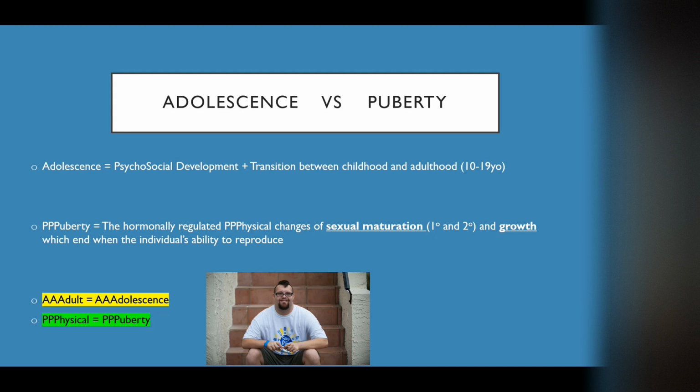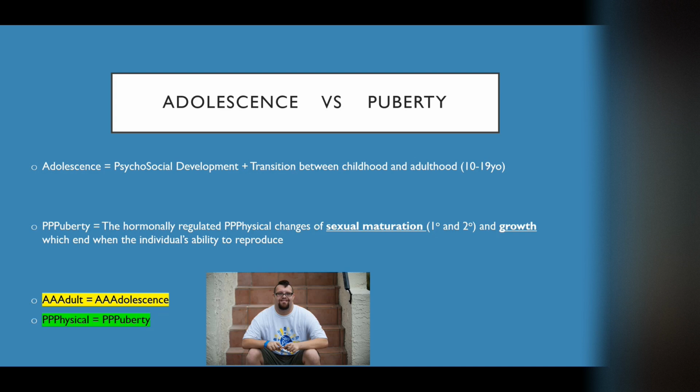Here, my example: as you can see from the dysmorphic features, what syndrome does this patient suffer from? Okay, maybe it's not that visible. Down syndrome, yes, correct. So this is a patient with Down syndrome. He's having problems in brain development, but he's able to have a beard, to have growth, his genitals are maturing.